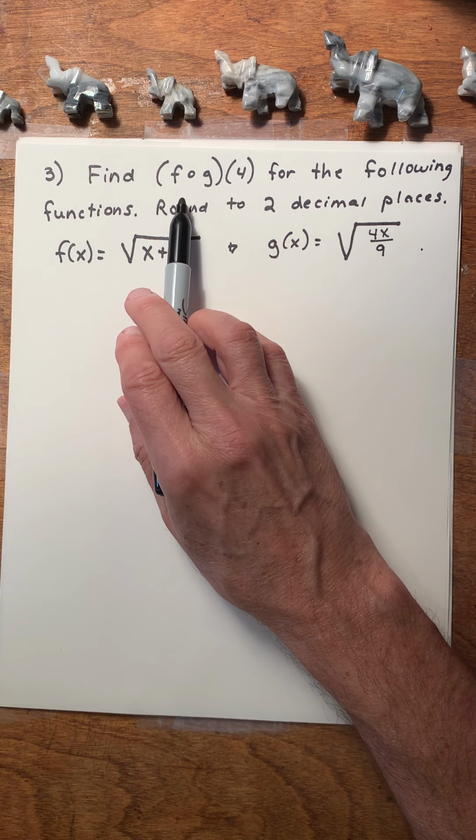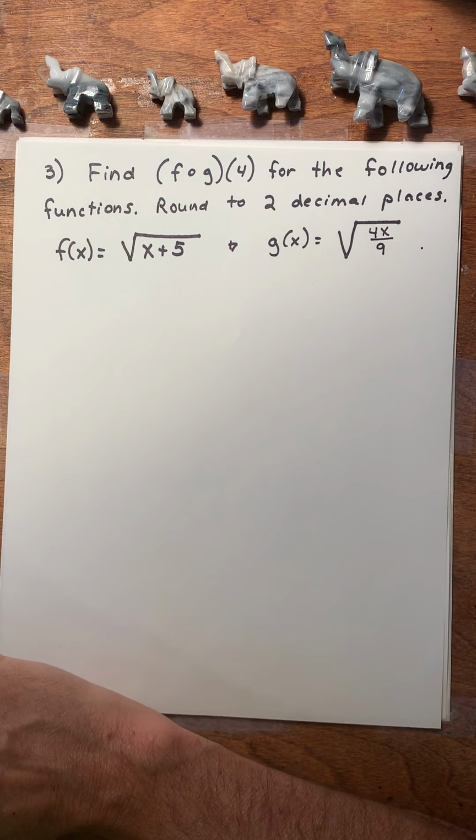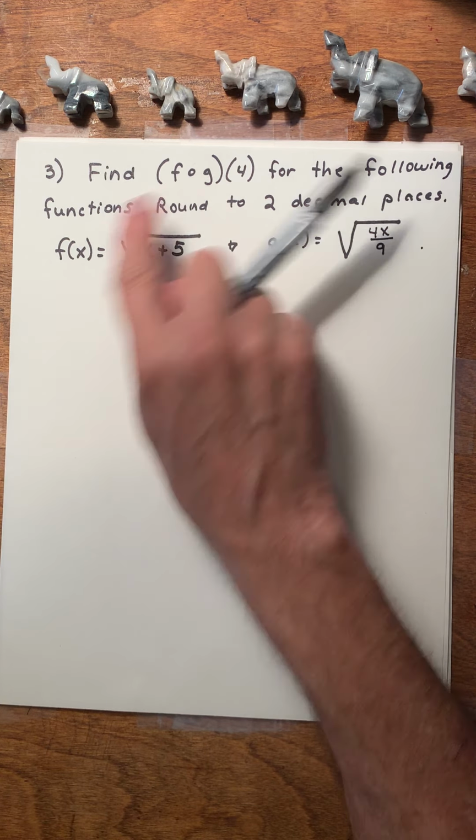The composition of functions is expressed with this new little symbol. It's a new operation, so we need a new symbol.